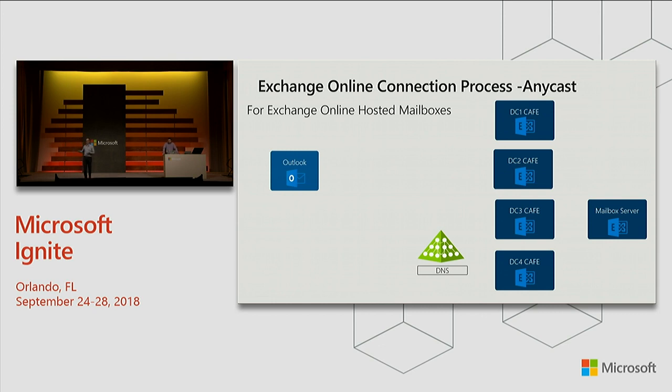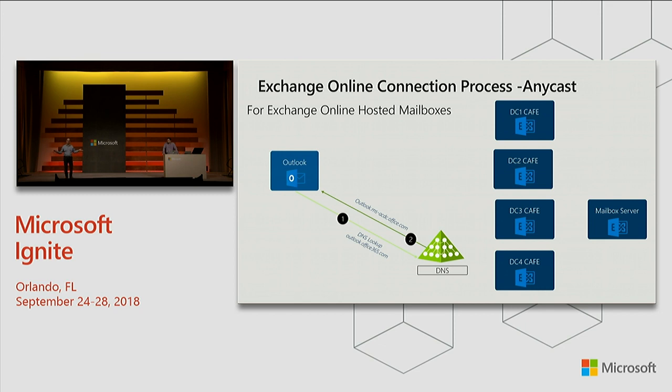But in the Anycast scenario, which is the vast majority of the cases now, the way this works is an Outlook client will do a DNS lookup for outlook.office365.com, and we will actually send that client a CNAME. We'll say, well, that's a CNAME for outlook.ms-acdc.office.com.